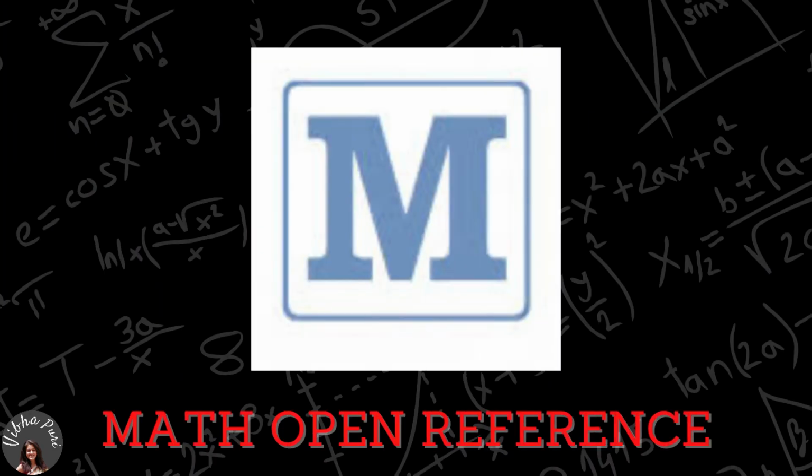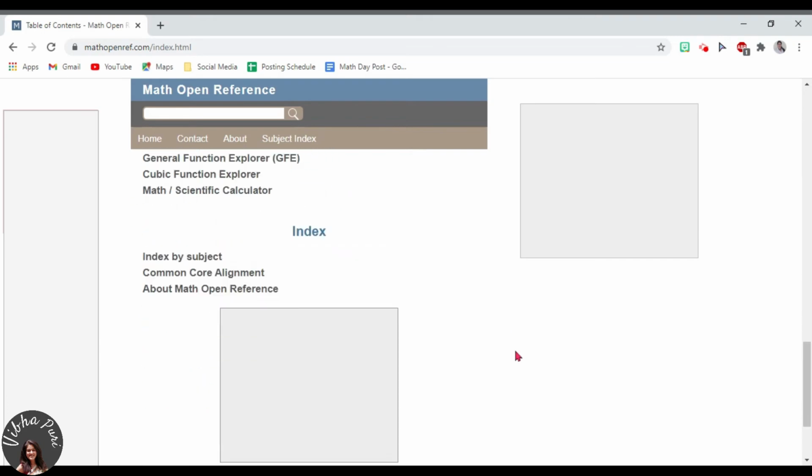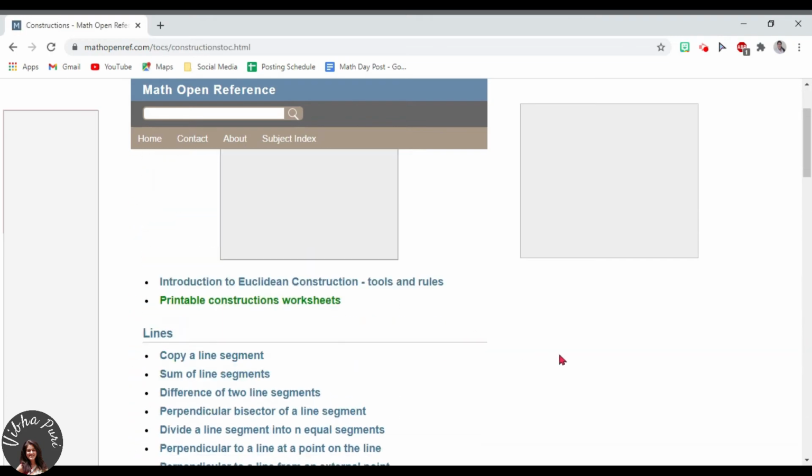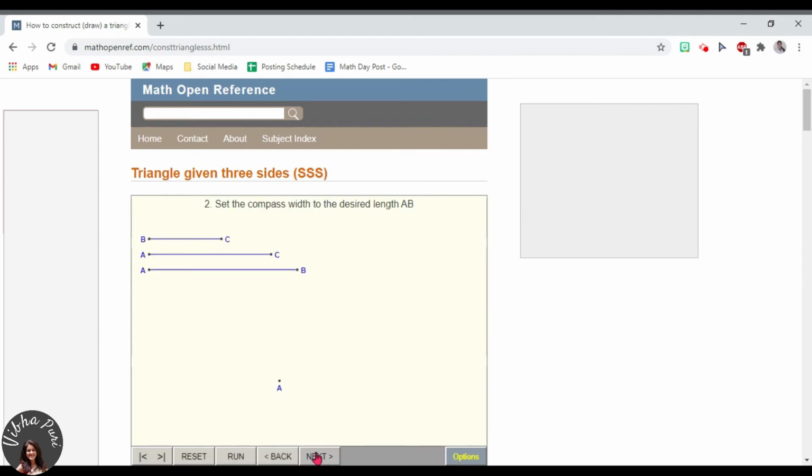Next is the website Math Open Reference. This website has some really useful and interesting resources for topics ranging from algebra to geometry to some trigonometry and calculus. What I personally love about this one is its resources on construction.